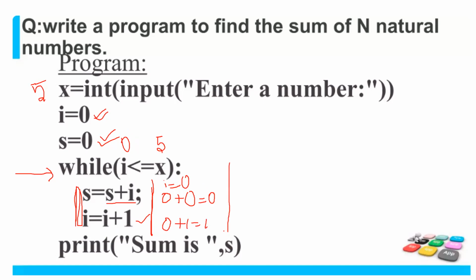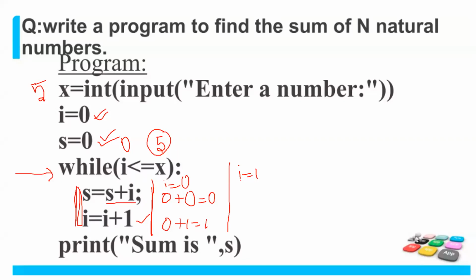Next time i becomes 1. The moment i becomes 1, this will be the second execution of the loop. s will be calculated again: s equals to s plus i and i equals to i plus 1. Why? Because 1 is still less than or equal to 5. So all the execution will be conducted till the value of i reaches x.